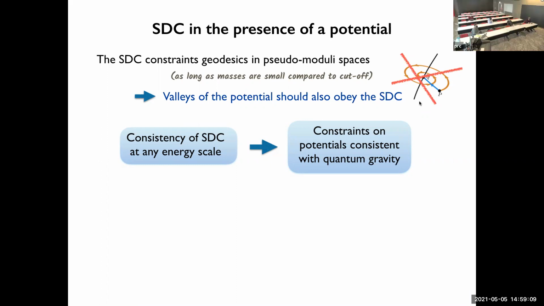But a low energy person will just solve for the minima of the potential and call the result the new scalar manifold. Yes, exactly. That's what I meant with at any energy scale. You have a new effective field theory, and that's your new scalar manifold, and you should get an infinite tower of states there also. I see.